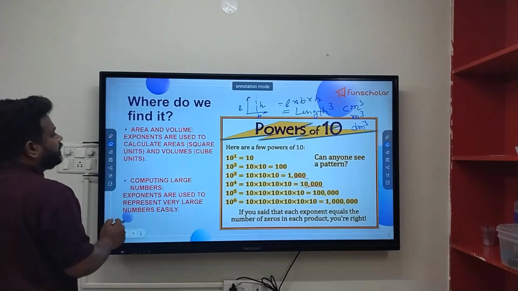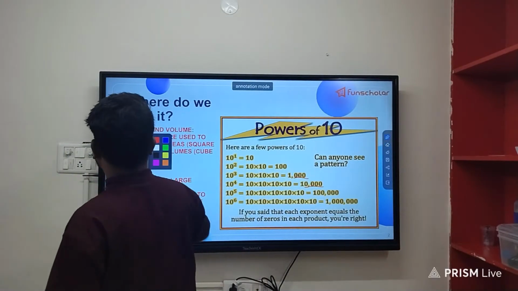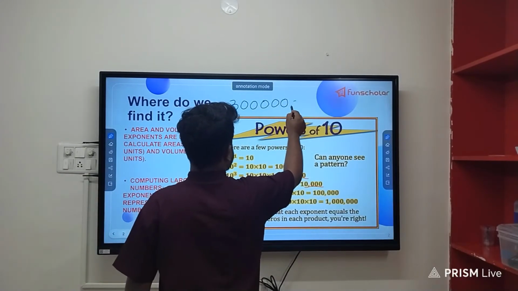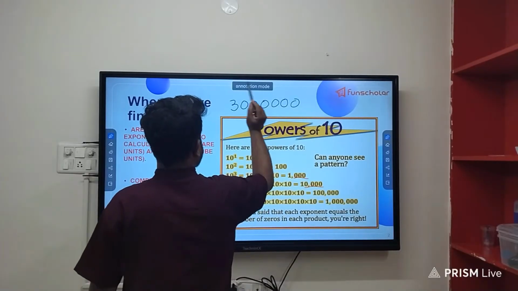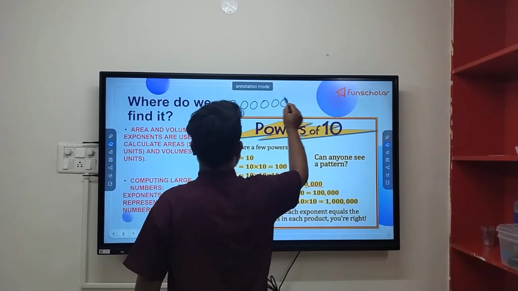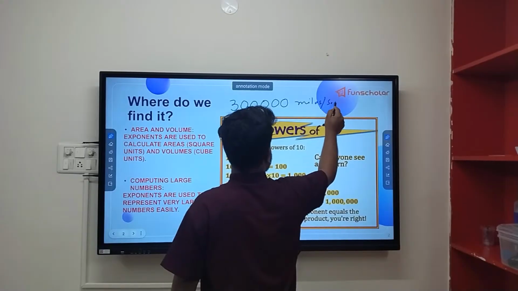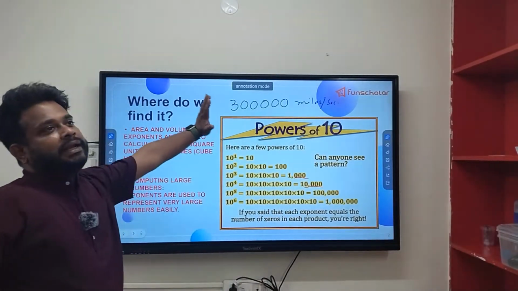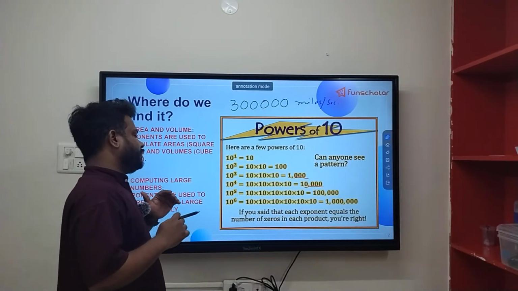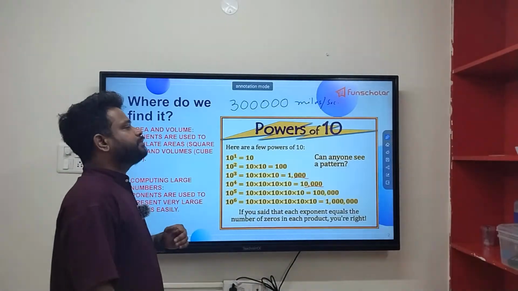There is another real life use of exponent. So I have written a number. Scientists usually tell that this is the speed of light, 3 lakh miles per second.